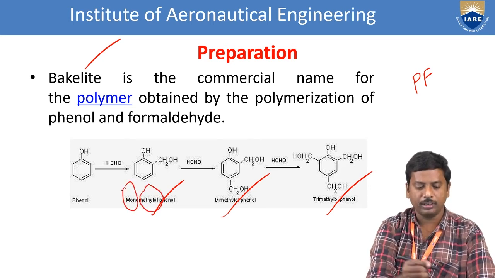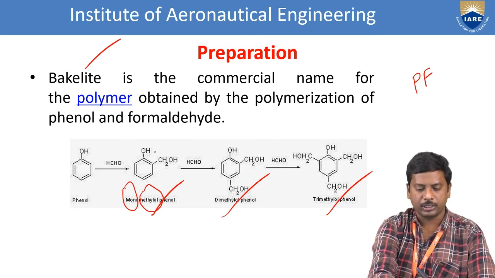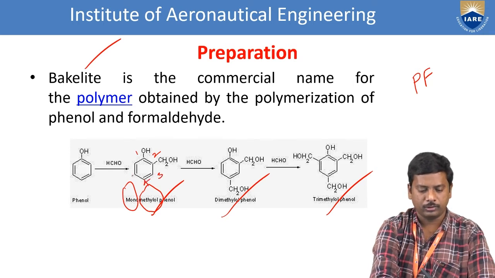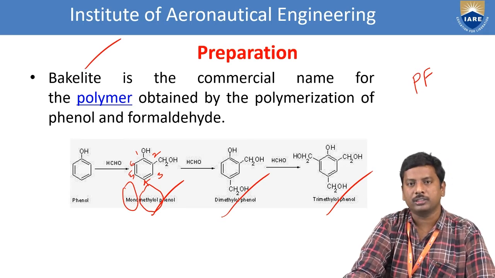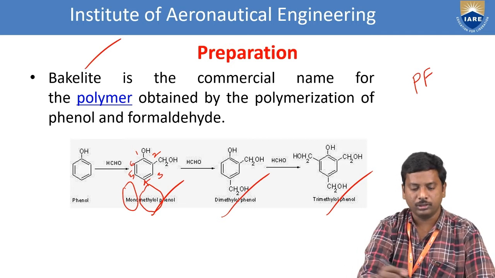In this case we observe the methylol group. Mono means a single group, substituted at the second position. This is the first position, then second, third, 4, 5, 6. So monomethylol phenol is substituted at the second position. The formula for methylol is CH2OH.